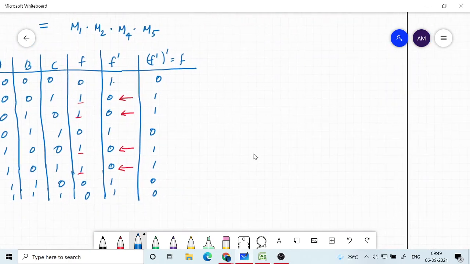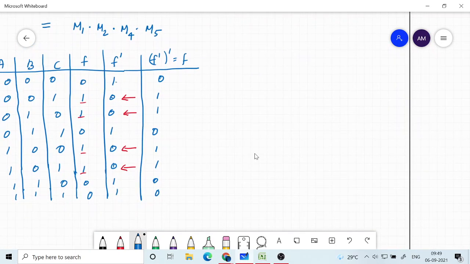So if you start with the minterms, F dash is what? In minterms, F dash is basically all the cases where you have 1. So you start here, this is 1, this is 1, this is 1, and this is 1.